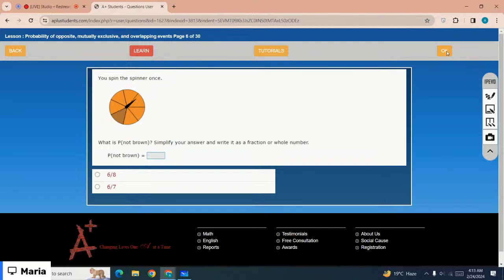So 1 minus 1 over 7 is 6 over 7. The correct option is 6 over 7, isn't it?